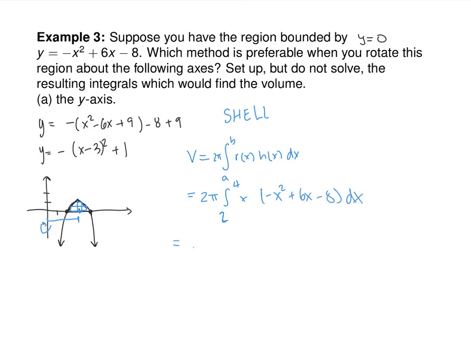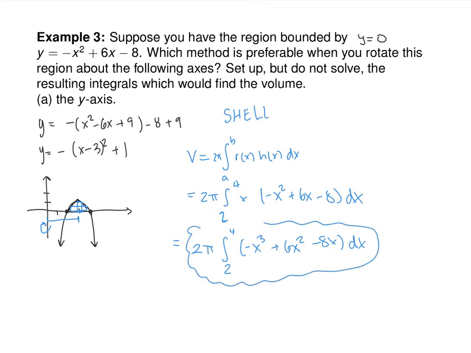And so that's the same thing as 2 pi times the integral from 2 to 4 negative x cubed plus 6x squared minus 8x. You don't have to solve that, but that's the thing that you would solve to get the volume. I'd also be okay if you left it at the step before the one that I circled. That's also fine. But the point is, for that problem, shells is easier. So about the y-axis, shells is better.